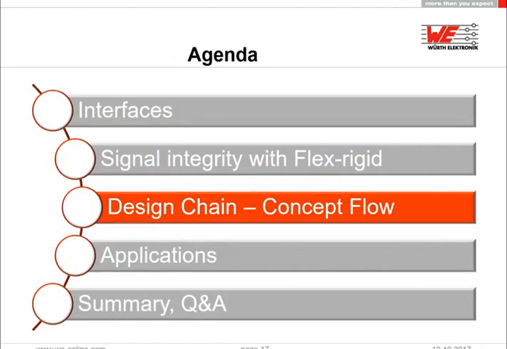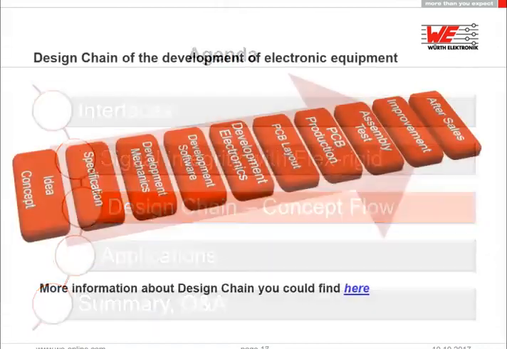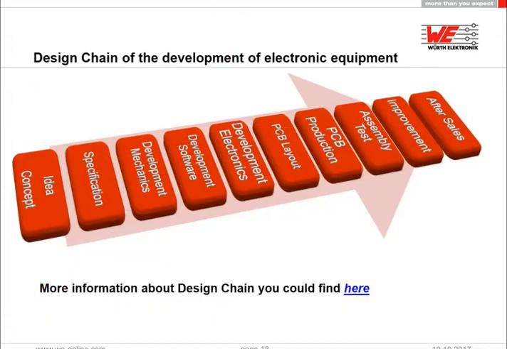Now we'll show you a concept for the flow within the design chain. Regarding the complete design chain of an electronic system, we have also performed a webinar in the past, and you can find the link in the PDF document you will receive after this webinar.